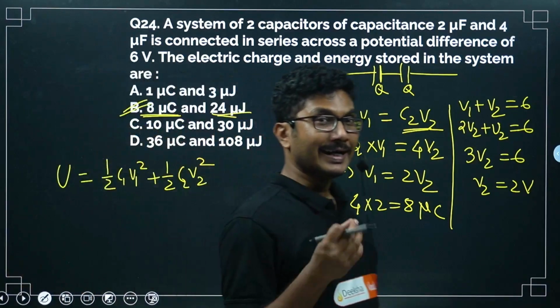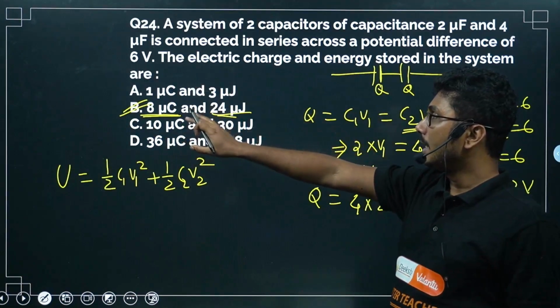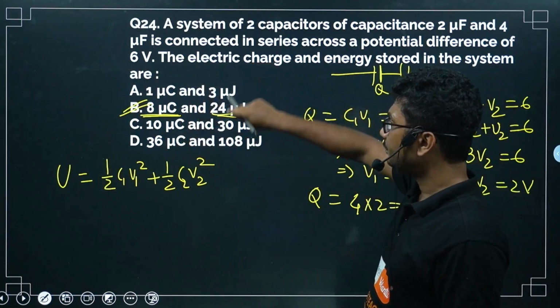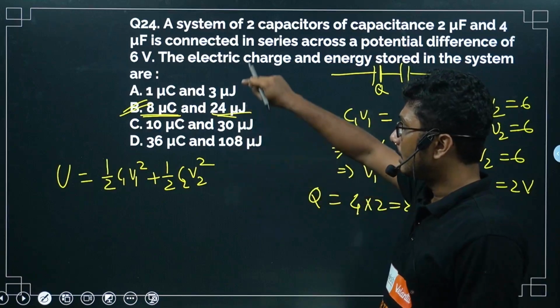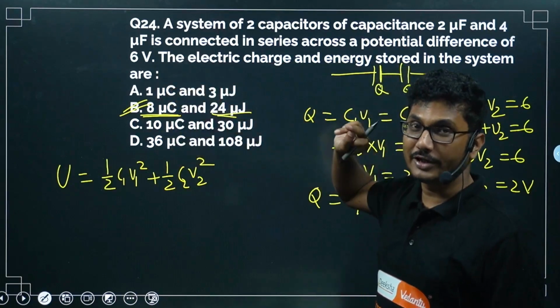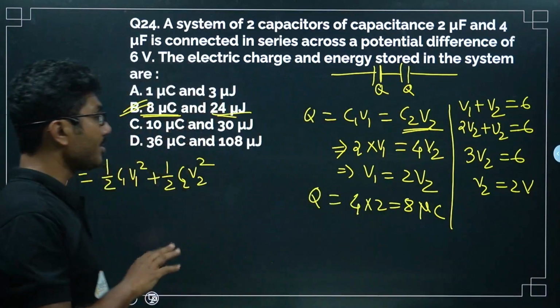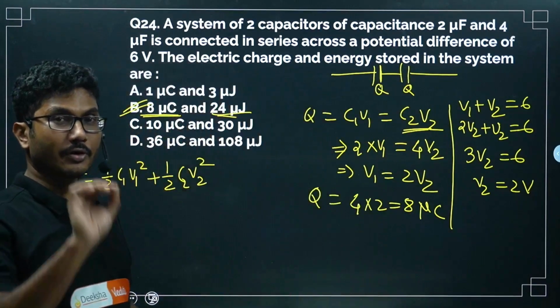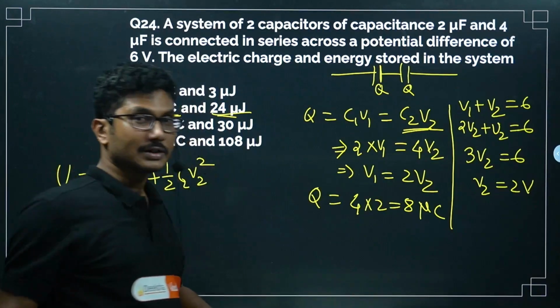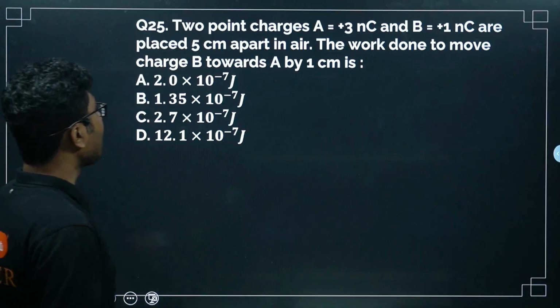So there is a hint, a suggestion. If you see all the options are given, if the energies are different, then you go for energy. If the charges are different, you go for charge only and leave it there. Otherwise don't solve the entire problem. You don't need to solve the entire problem if you are getting the answer from the first part of the question itself.